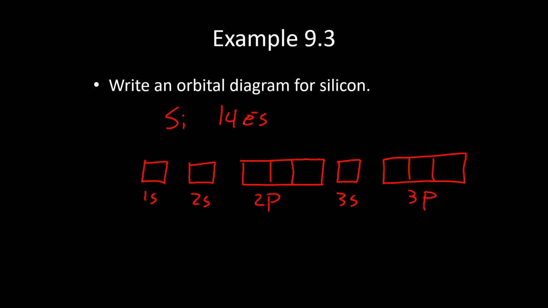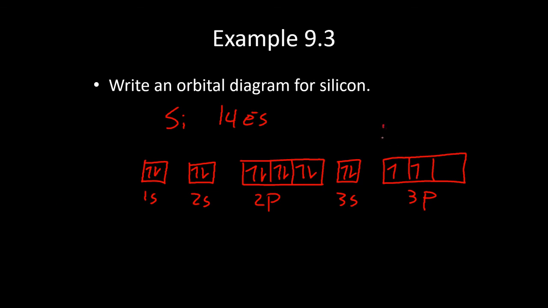So I have 14 electrons to put in, so I'm just going to start with 1s and fill them in until I run out. So I have 1, 2, 3, 4, 5, 6, 7, 8, 9, 10, 11, 12, 13, 14.